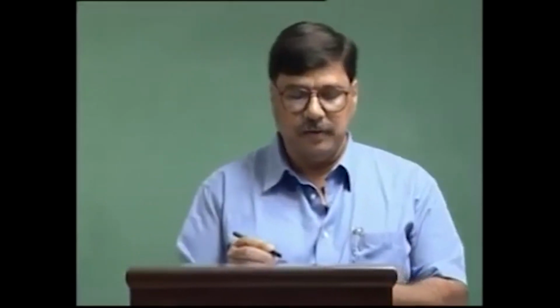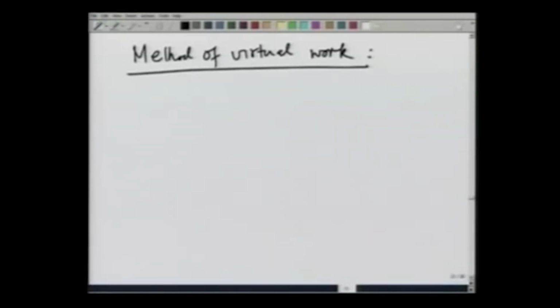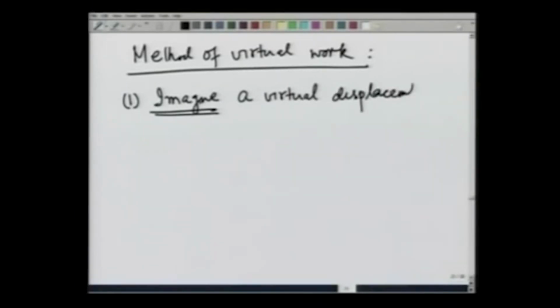So let us recap what we did in method of virtual work. 1. Imagine, and I keep using this word imagine because this refers to a displacement which you imagine, it does not really take place. Imagine a virtual displacement or virtual change of orientation and so on of a system. 2.